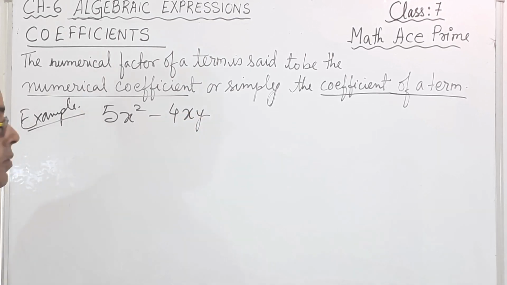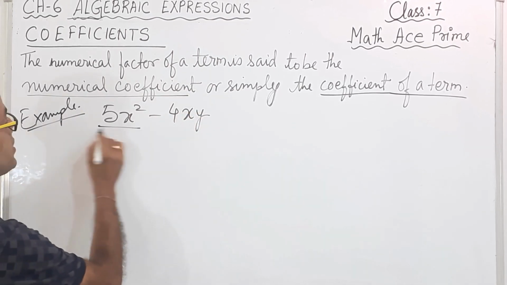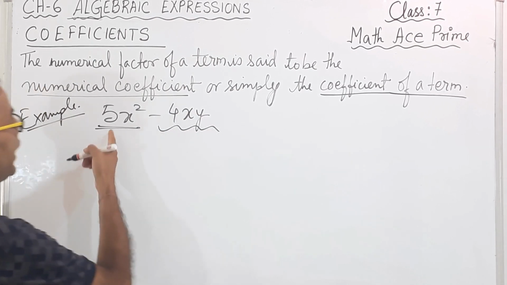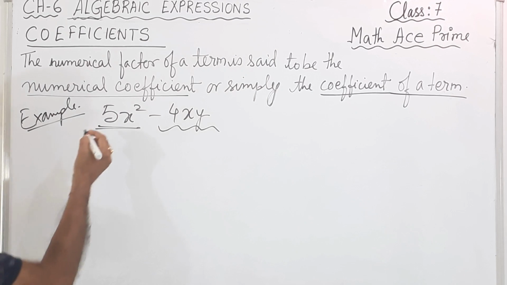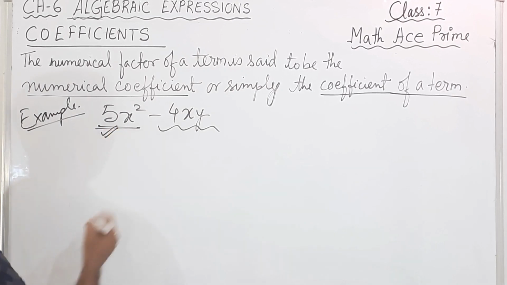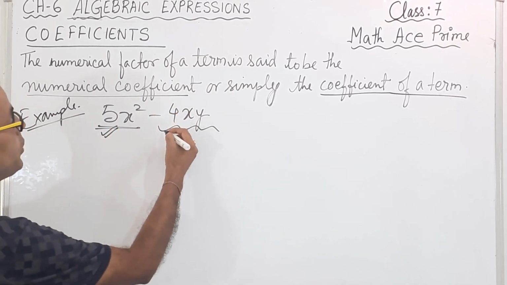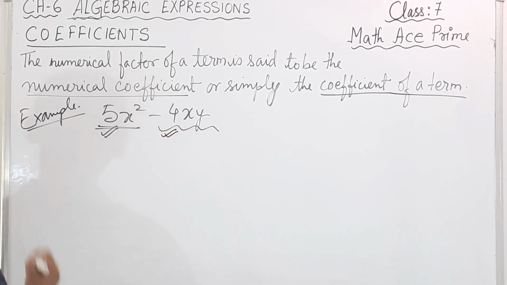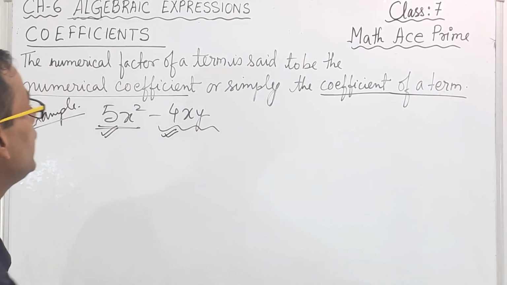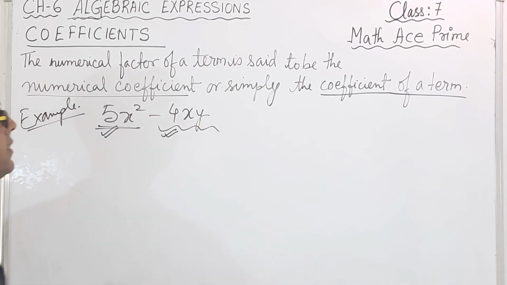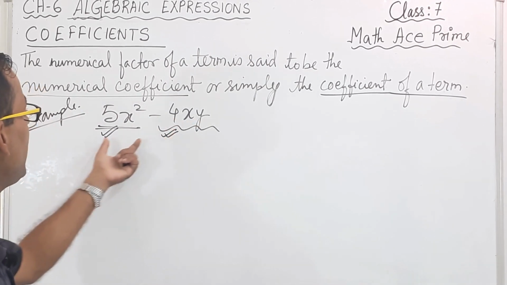Here two terms are there. In the first term, the numerical factor is 5, and in the second term, the numerical factor is minus 4. So 5 is known as the coefficient, and minus 4 is known as the coefficient for this term.